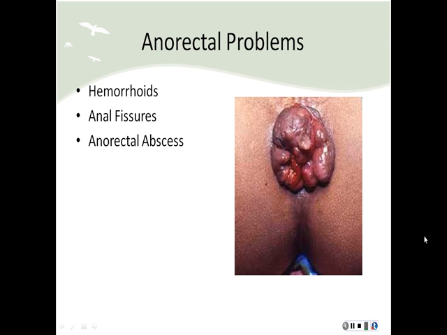Bleeding can also occur. Treatment includes avoiding constipation and straining with BMs, avoiding prolonged sitting or standing, and certainly increasing fluid and fiber intake to prevent constipation. Hemorrhoids can also be surgically removed or treated by rubber band ligation, where a rubber band is placed around the hemorrhoid, which cuts off the blood supply, and then that causes the tissue to die, and then it just sloughs off.